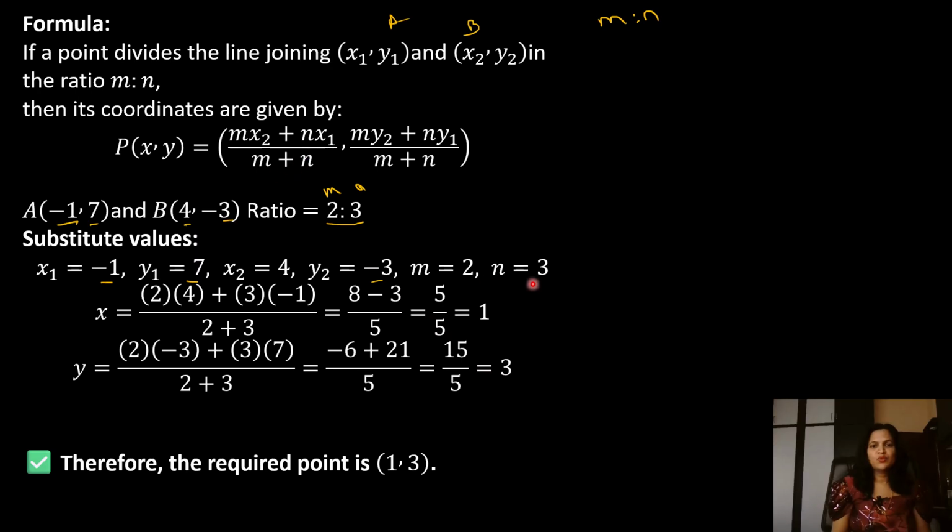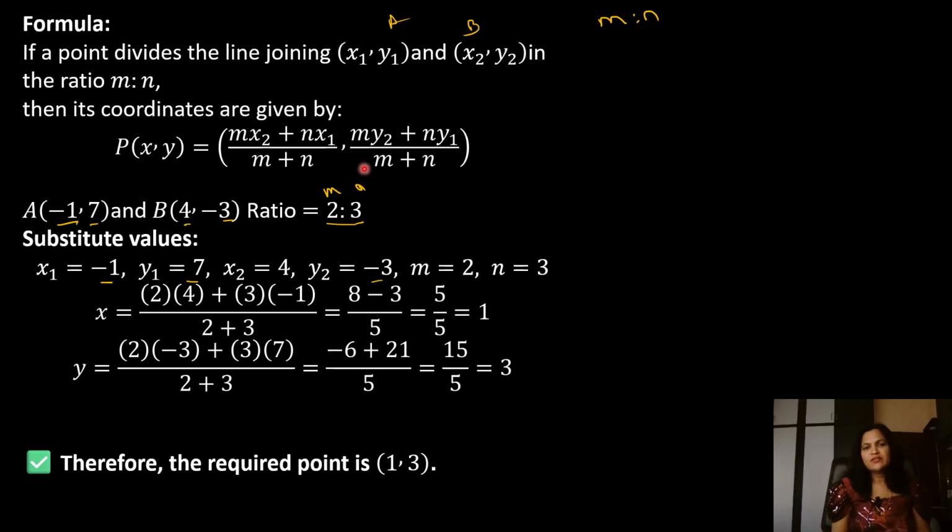Divided by m plus n, 2 plus 3. 2 fours are 8, 3 into -1 is -3, 8 minus 3 is 5. Denominator 2 plus 3 is 5. 5 divided by 5 is 1. Okay, what we got? This half part, x coordinate value is 1.